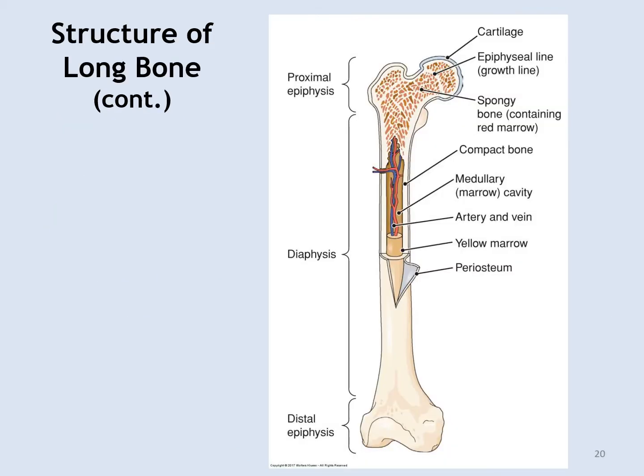So here's our long bone right here. You can see on either end of the bone, this would be the epiphysis on either end. Our shaft of the bone, this long section right here, and you can see the diaphysis is hollow. Here's our medullary cavity full of yellow bone marrow and also with an artery and a vein running through it.